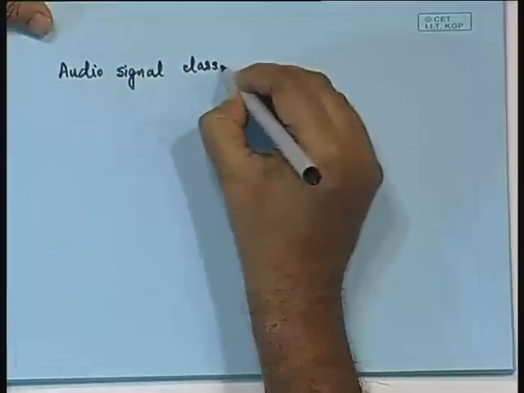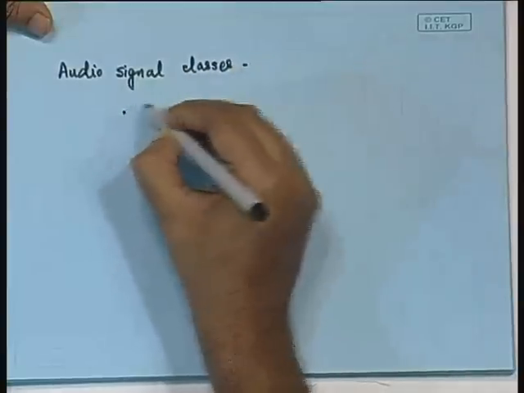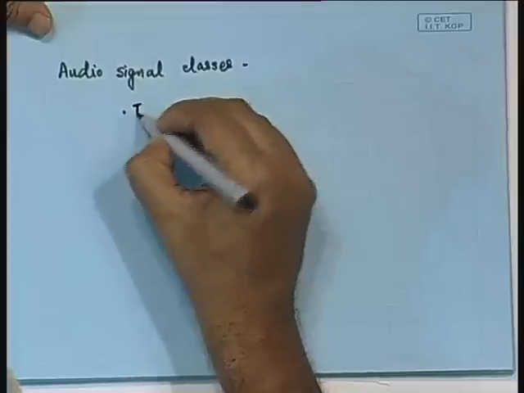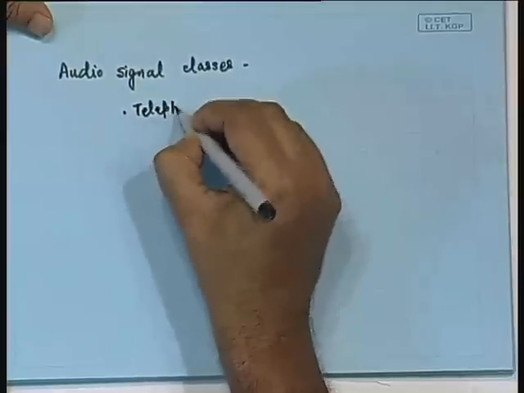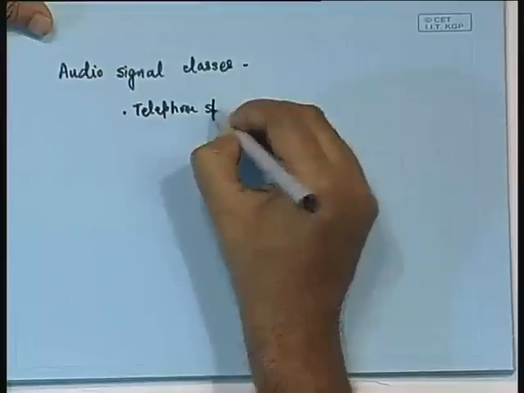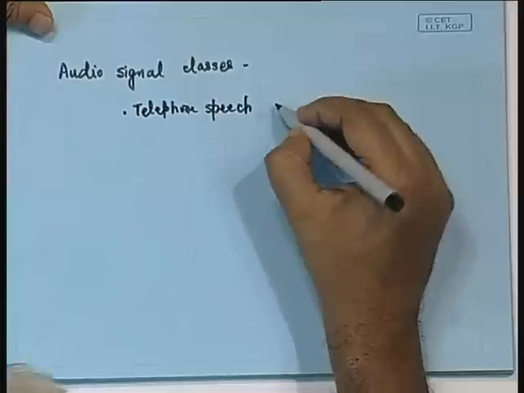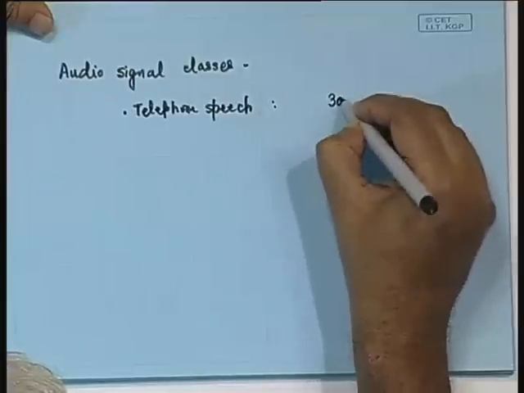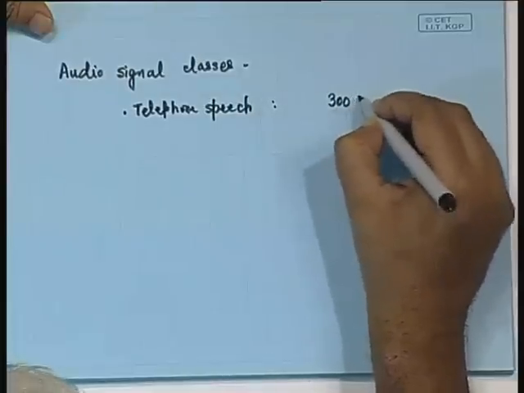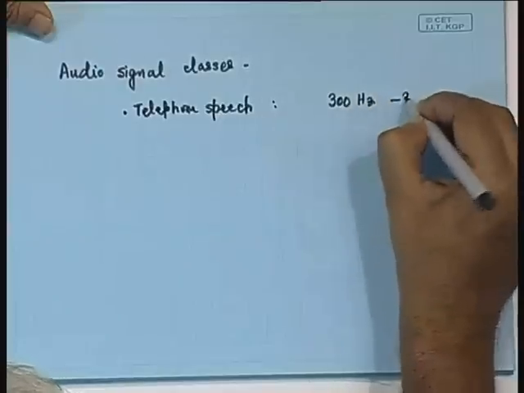The first is of course the telephone speech, and telephone speech, as you know, because it is a speech application, covers a frequency range of 300 hertz to 3400 hertz.